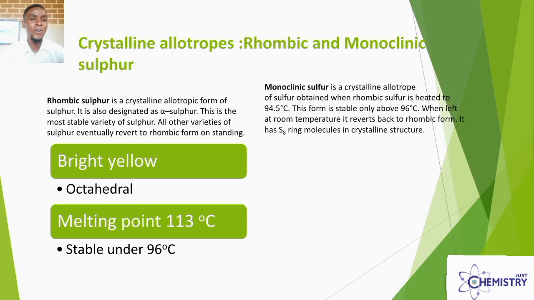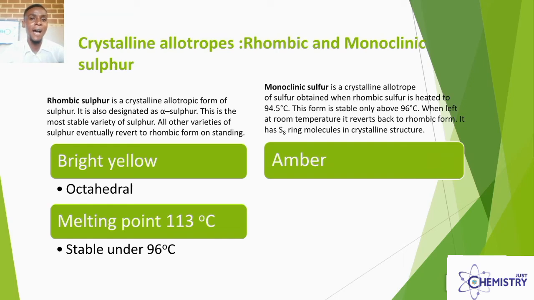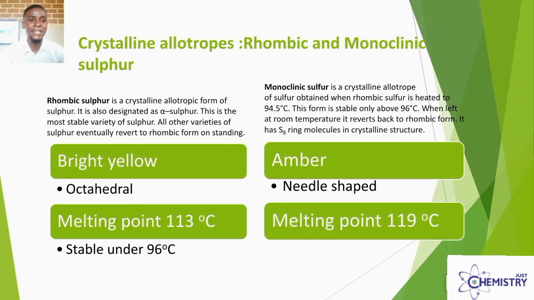Now, when this sulfur is allowed to stand, it will revert back to rhombic sulfur at temperatures below 76 degrees Celsius. It is amber in color. It has a needle shape. It has a melting point of 119 degrees Celsius, and it is stable between 96 degrees Celsius and 119 degrees Celsius.